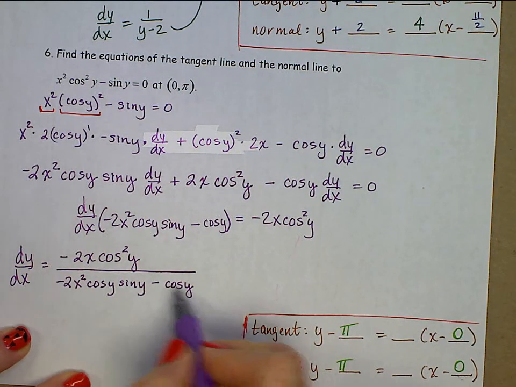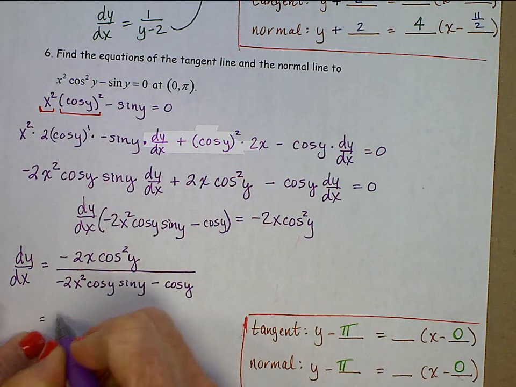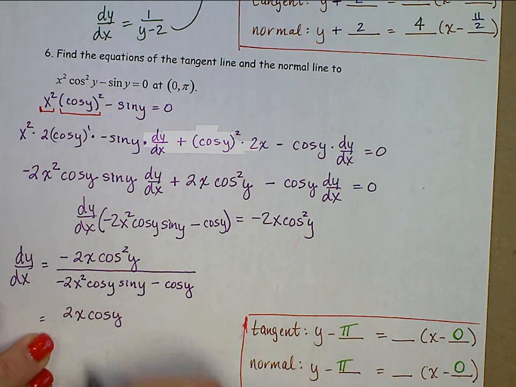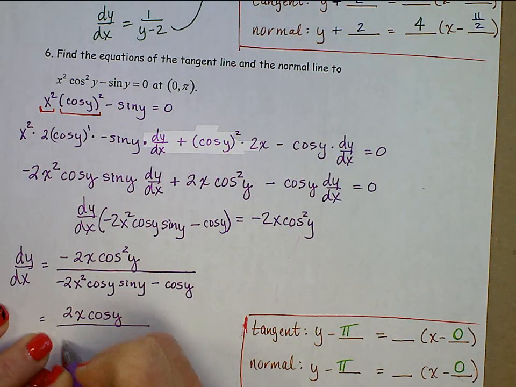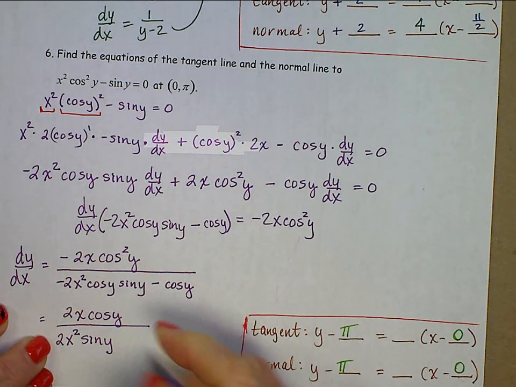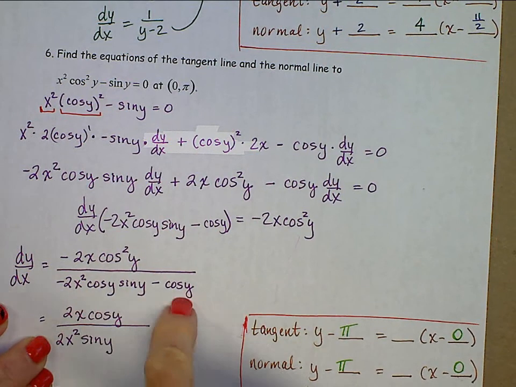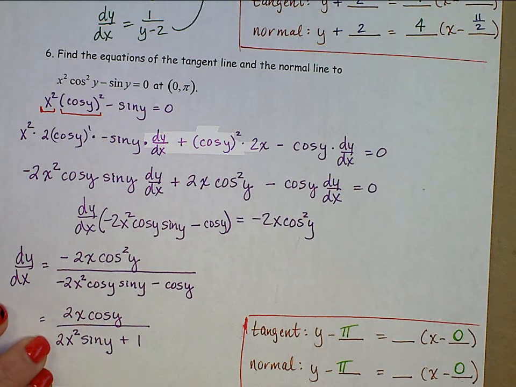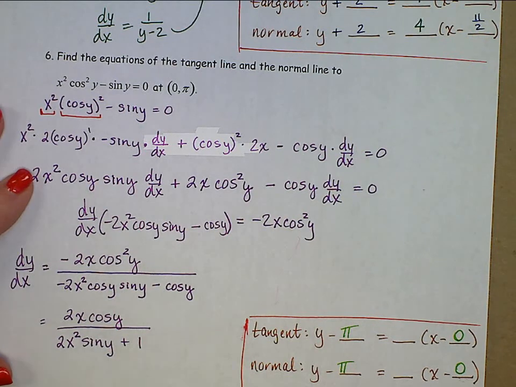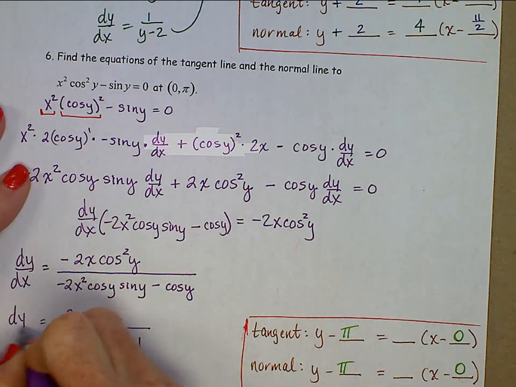Yes, this cosine y, so that's going to simplify down to be 2x cosine y, there'll be one of them left up on the top, over 2x squared sine y, taking the cosine y out, and then take one from here, that's plus 1. Plus 1 because we divided out the negative sign. Alright, now that's just dy dx.